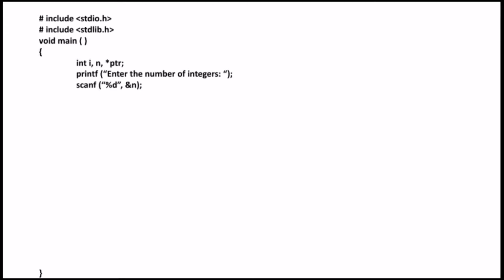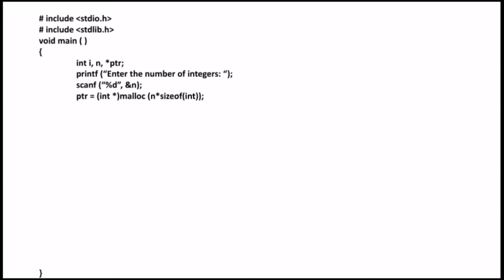Next we have printed one message, enter the number of integers, and in n we are storing that value. So basically we are taking the number of values for which we want to allocate memory. Next, ptr equals, and in brackets int star, then the malloc function, and in brackets n into sizeof int.